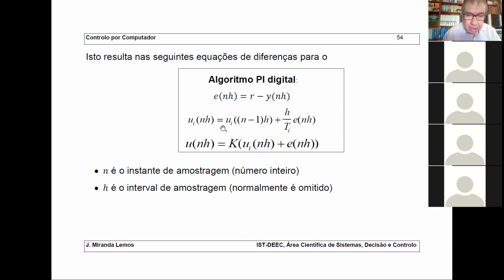So the algorithm has some memory of the past. Usually digital control or computer control algorithms have this structure: you must have some memory of past variables, and then you do some computations with them depending on the algorithm.